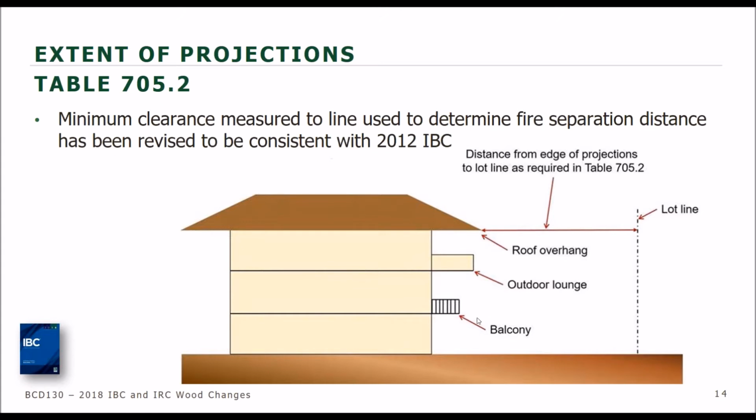Now, in this particular building, we have some overhangs, and there's a minimum distance that is required between the overhang and this lot line. This provision, or more of a modification of the provisions, was modified to be more in line with the 2012 IBC, but it's drastically reduced from the requirements that were shown in the 2015 IBC.